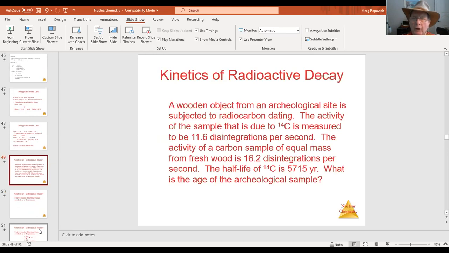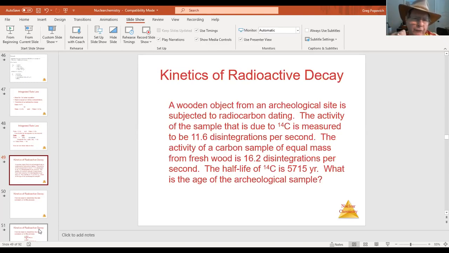I'm comparing the carbon-14 activity to what it should have been originally. I measured the disintegrations of carbon-14 at 11.6 disintegrations per second. Basically, I've got a Geiger counter. If I have carbon of equal mass from fresh wood, I get 16.2 disintegrations per second.